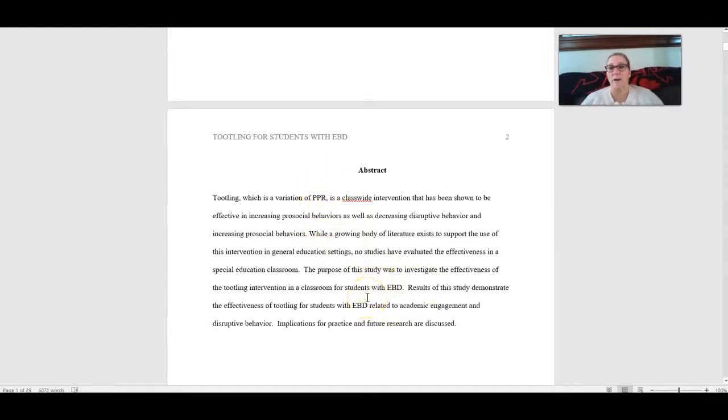You will have to write them out in the body of the paper, but for the purposes of the abstract, you can use those. So you have a brief introduction to what the problem is and what you're trying to understand. Then you have the specific purpose of your study.